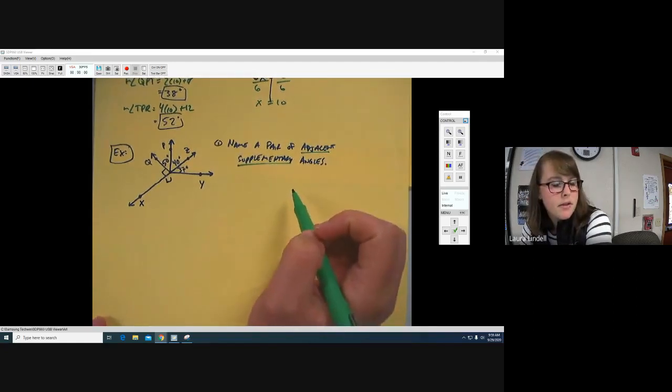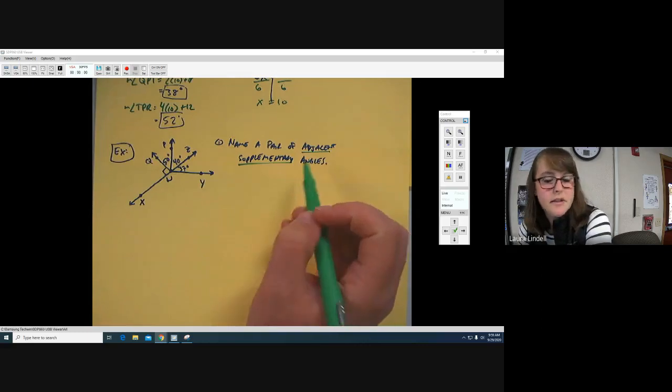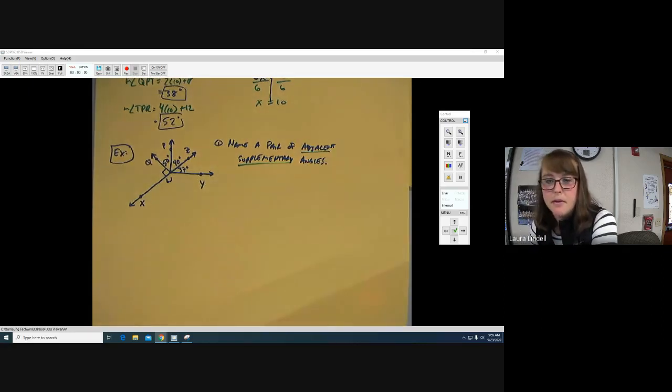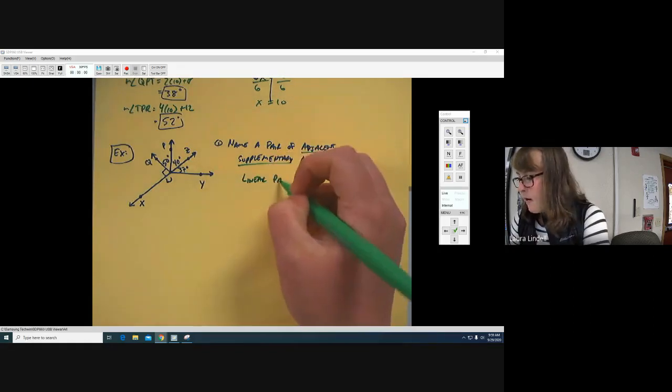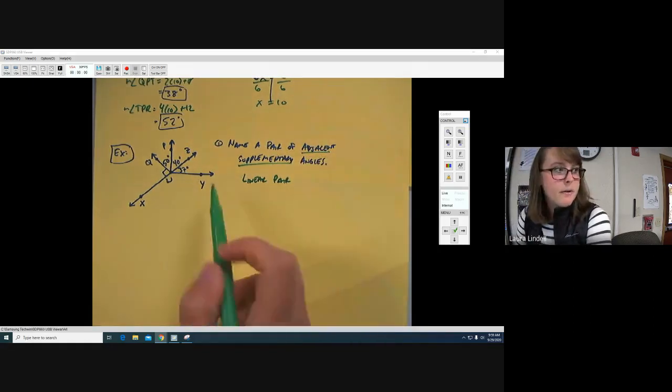Does anyone remember the other name for adjacent and supplementary at the same time? There was a vocab word for this. You can look back at your notes from yesterday. What was the vocab word that meant adjacent and supplementary at the same time? There we go. Yes, linear pair. So this is just another word for linear pair. And that's what we're looking for over here in the picture.